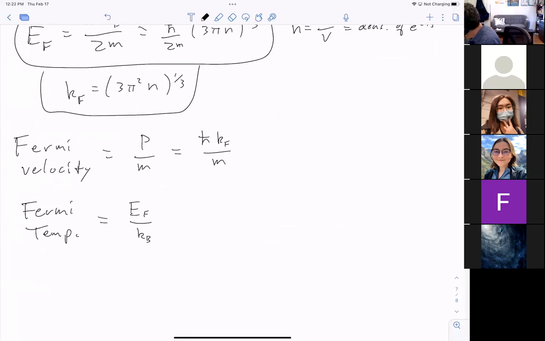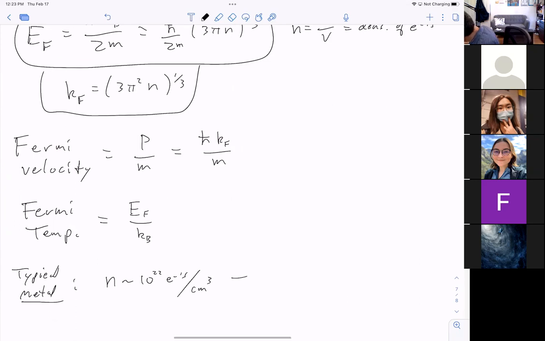And so for a typical metal, n is on the order of 10 to the 22 electrons per centimeter cubed. That's typical.